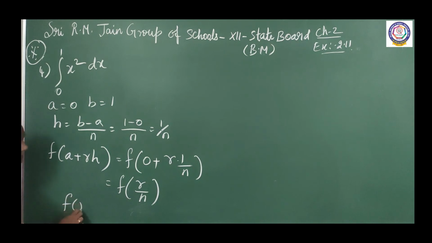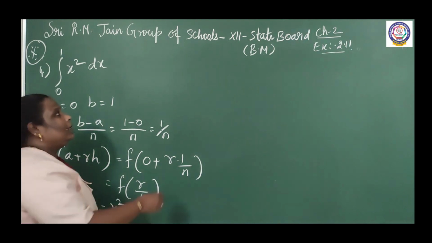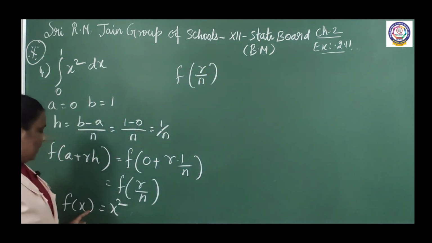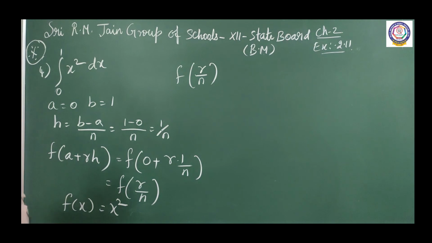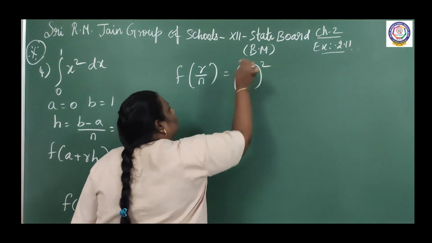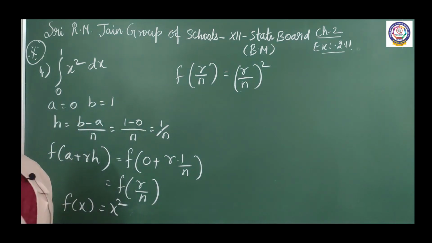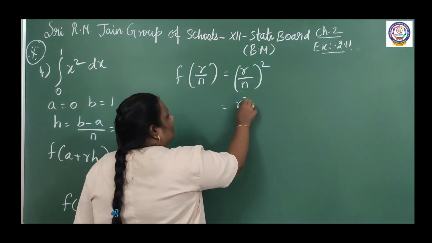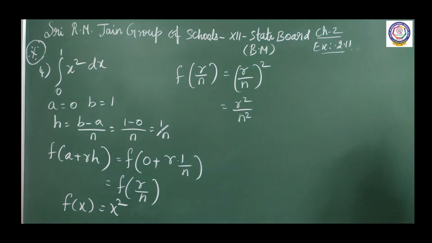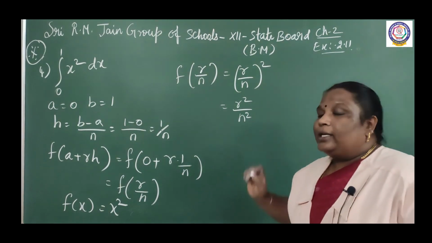f of x equal to x square. f of r by n, in the place of x, you replace by r by n, is nothing but what? r by n the whole square, it gives r square by n square. So what is the formula?